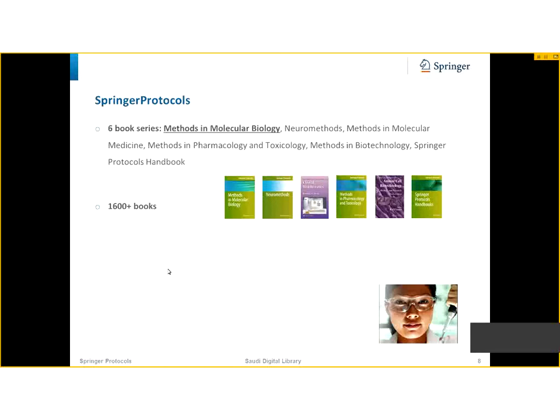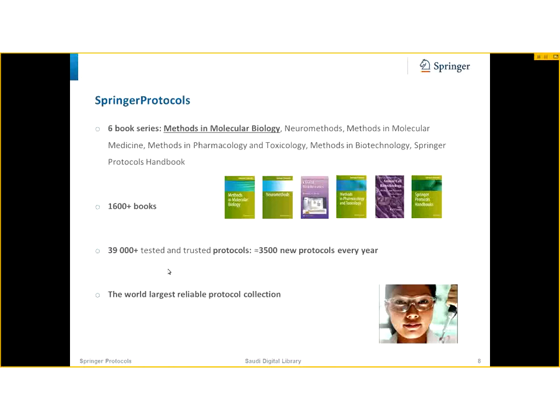In total, we have more than 1,600 books, and this sums up to almost 40,000 tested and trusted, very detailed protocols. Every year, 3,500 to 4,000 new protocols are added to the collection, and this contributes to Springer Protocols being the world's largest collection of protocols, and all of these protocols are very reliable and trusted.